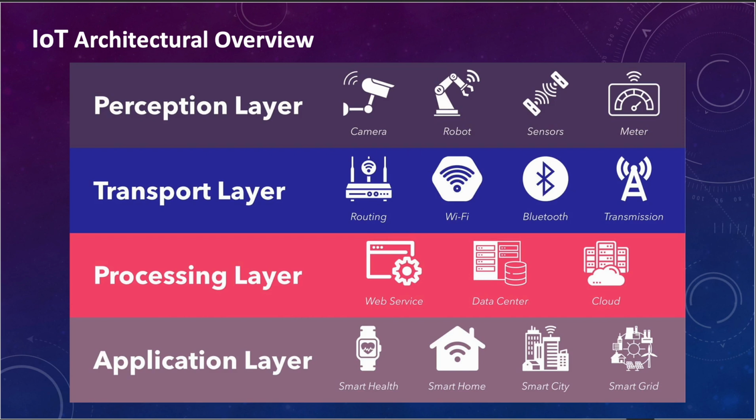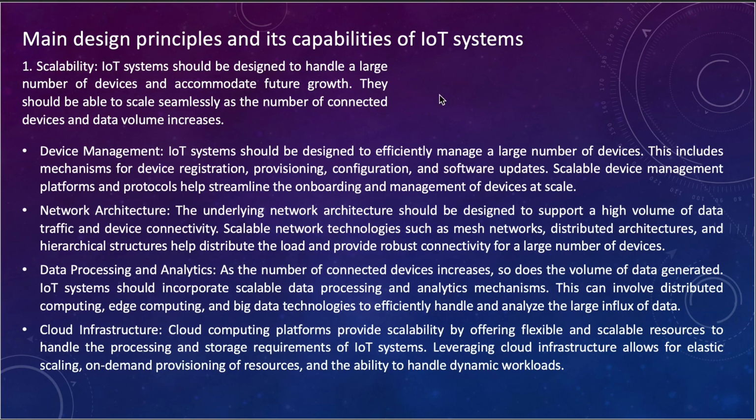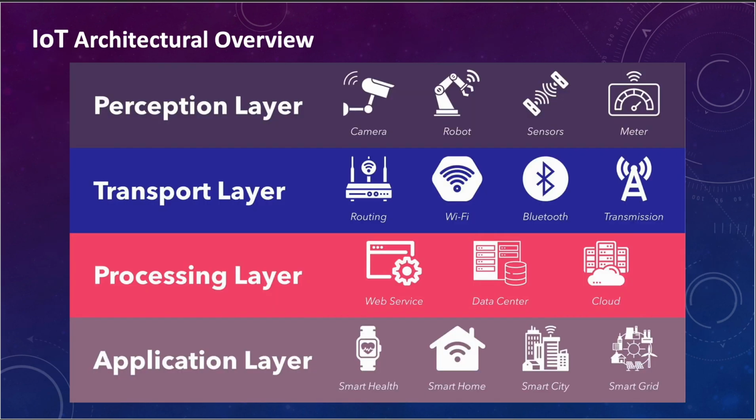Your value chain will have value when you have the main design principles and capabilities in the device, network, back end, front end, processing layer, so on and so forth. So I think that covers most of the main points for applied IoT.